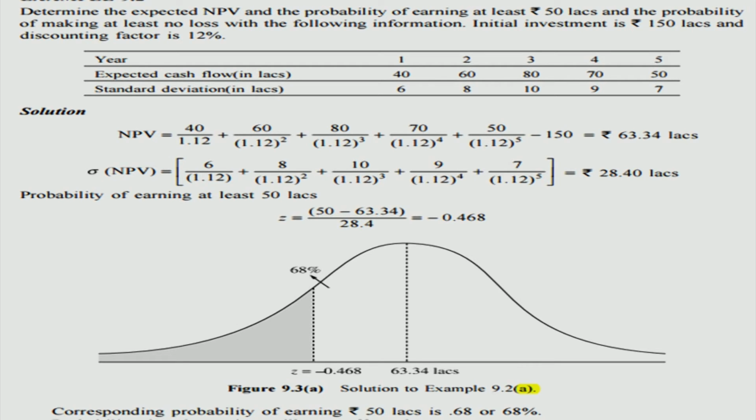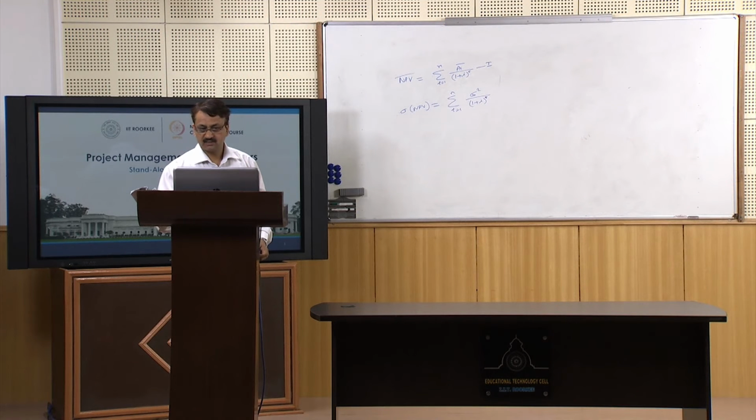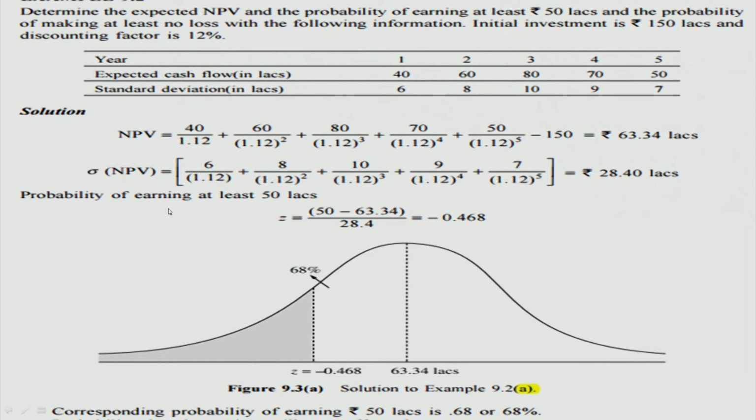So, NPV for this project is 63.34 lakh, right, and standard deviation of NPV is 6 divided by 1.12, because you have been given standard deviation, right. So, this is 6, 8, 10, 9 and 7, and since you can also calculate 1.12 to the power 2, cube, to the power 4, to the power 5. So, this becomes 28.4 lakh, right.